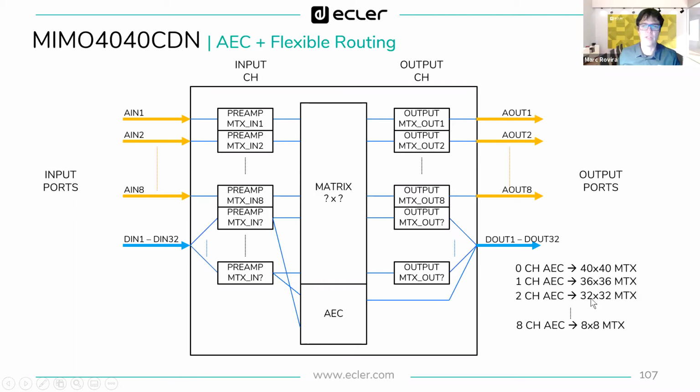If we've got 2 channels, 32 by 32, and up to 8 channels, which is the maximum number of channels that our AEC algorithm can manage, we've got a matrix of 8 by 8. So just to remember, 1 AEC channel reduces our matrix by 4 channels.